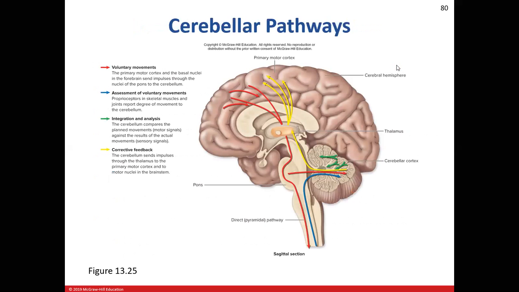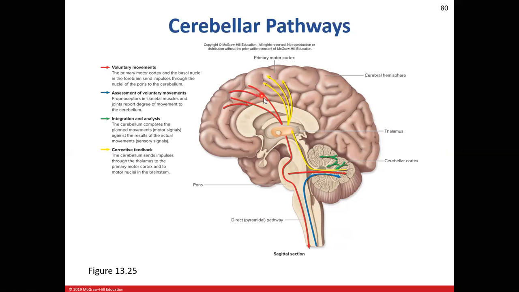So this image or this graphic really helps us to identify some of the cerebellar pathways. So you can utilize the red lines, blue lines, green lines, and yellow lines and see where this information is coming from and going to. You'll notice the red is voluntary movement. So it's coming from our frontal lobe, particularly coming from a lot of the premotor cortex or the primary motor cortex.